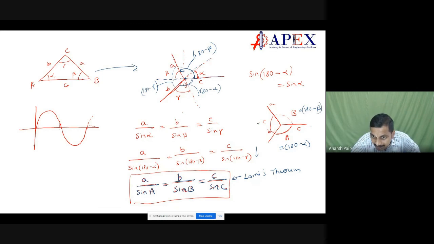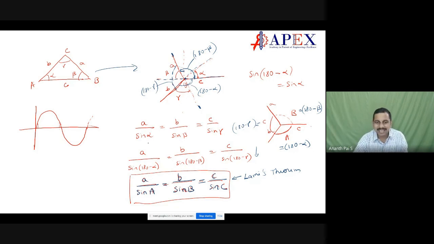Similarly, c is equal to 180 minus gamma. Observe, c is this one, and this line is 180, so the angle is 180 minus gamma, is it not? So it is 180 minus gamma.